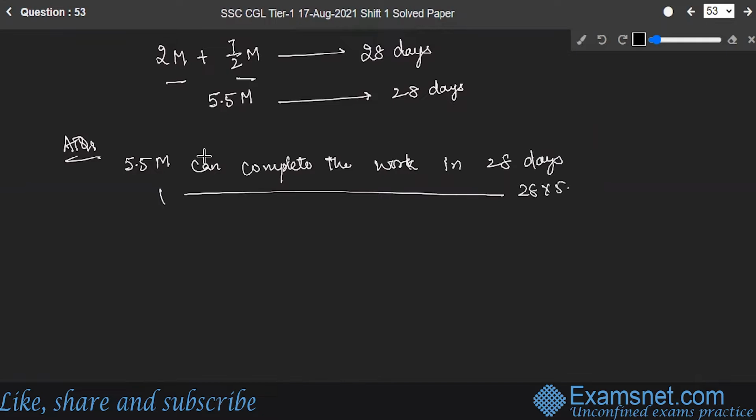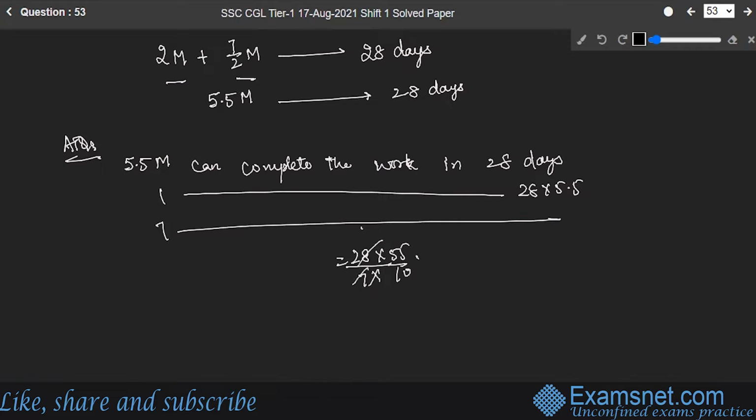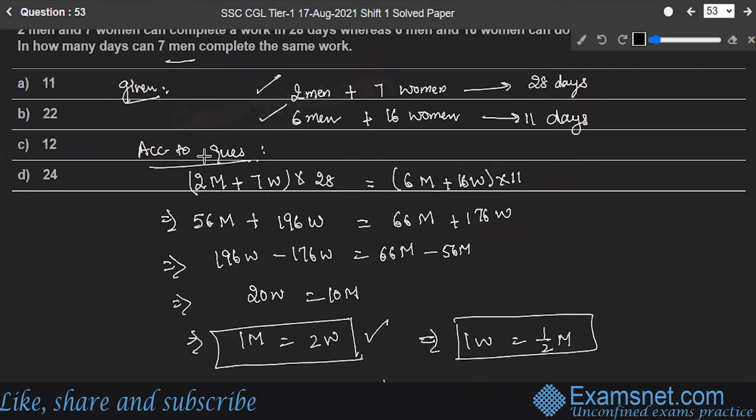So this is right: 7 men can complete it in 28 into 5.5, divided by 7. All right, this will cancel, and here is 11 by 2. So they will take 22 days to complete the work. Option B is the answer to the question.